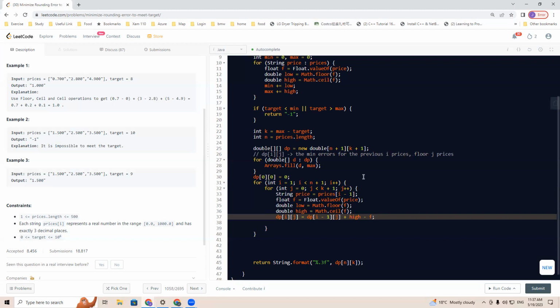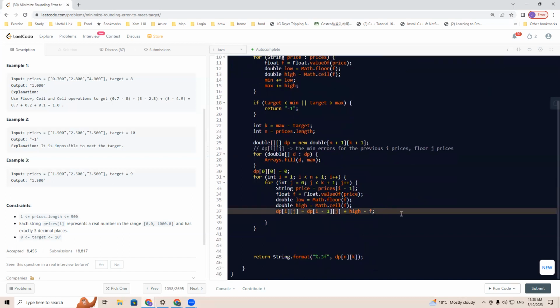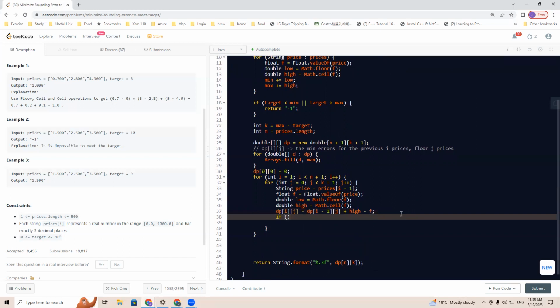Also, we have the option that we get a round down, that gets a sell weight. But since there is some kind of scenario, for example with this kind of number, the high and the low, the floor or the sell, are the same, so we'll write this kind of condition. First, j should be greater than 0.